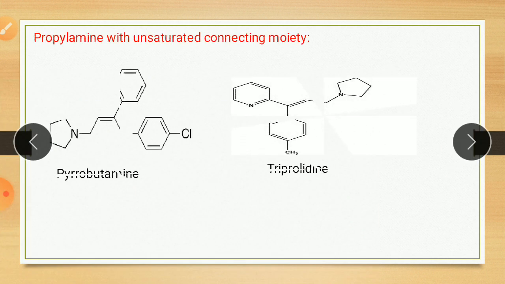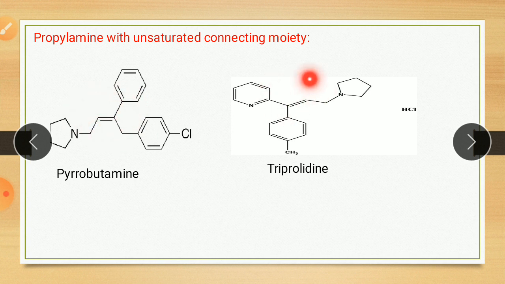Then propylamine with unsaturated connecting moiety, that is sp2 hybridized carbon as X. It includes simple open chain alkyl derivatives, that is pyrobutamine and tripolidine. Here the connecting carbon is double bonded, unsaturated.